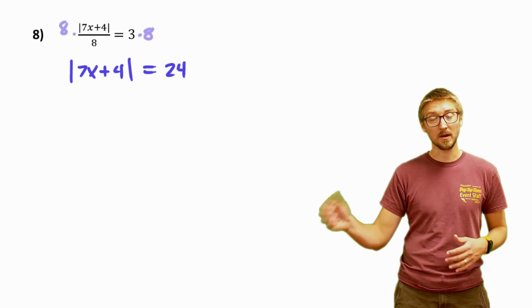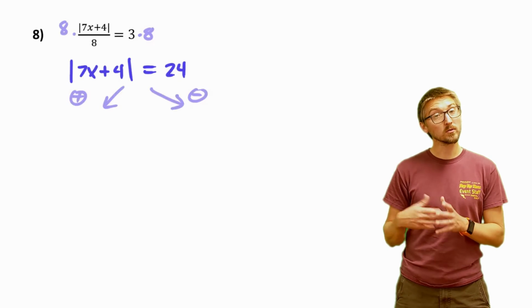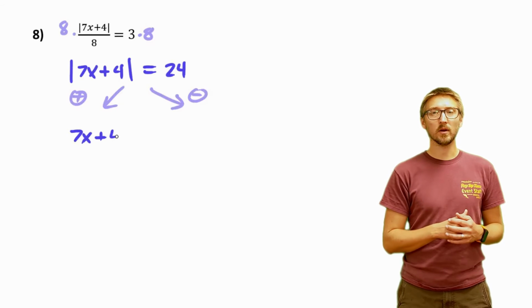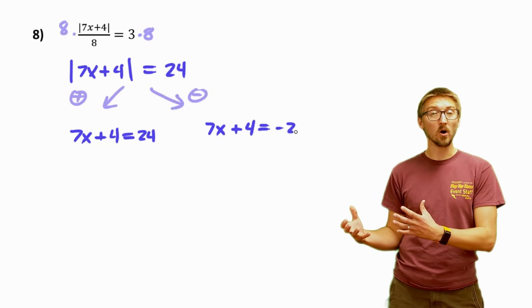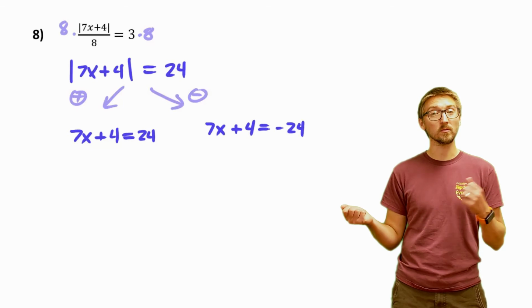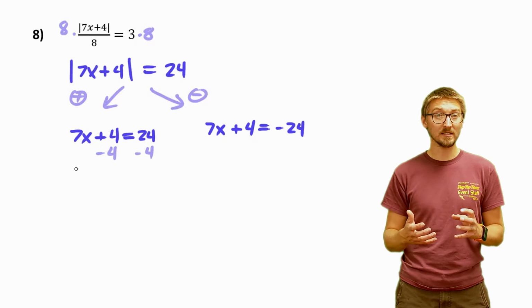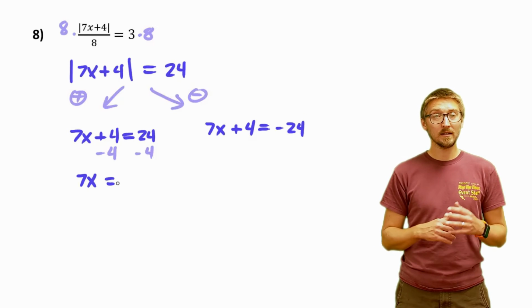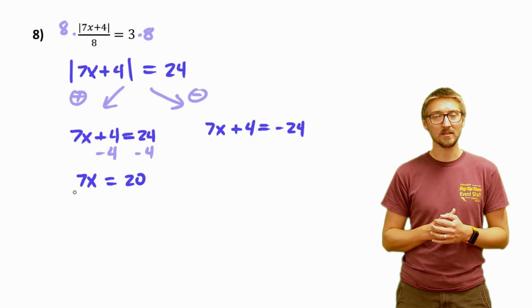Now I can go ahead and get my positive and my negative branch. On my positive branch, 7x plus 4 equals 24. On the negative branch, 7x plus 4 equals negative 24. Going back to solve the positive version, you subtract 4 from both sides, leaving 20. If 7x equals 20, you divide by 7. And I know 20 isn't nicely divided by 7, so you can leave it as a fraction.